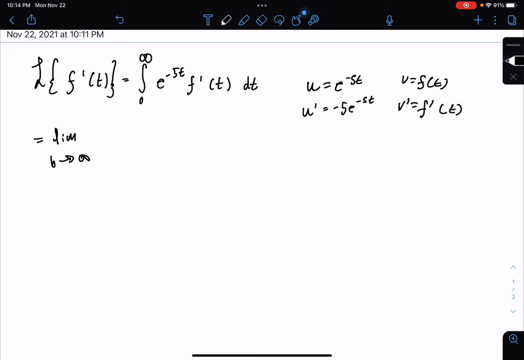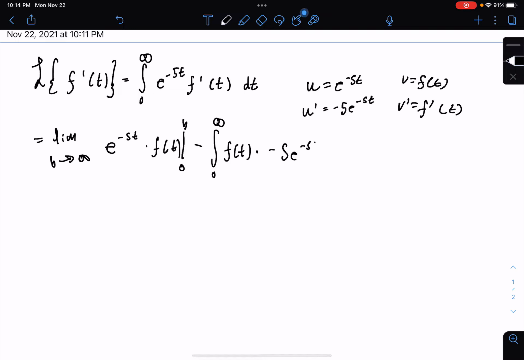And just rewriting this here, e to the negative sb times the function, again, as b is our upper bound, and 0 is our lower bound, sorry, minus our integral from the lower bound 0 to positive infinity, our function once again, f of t, and we multiply this by our u prime. As we can see, it is s e to the negative st dt.